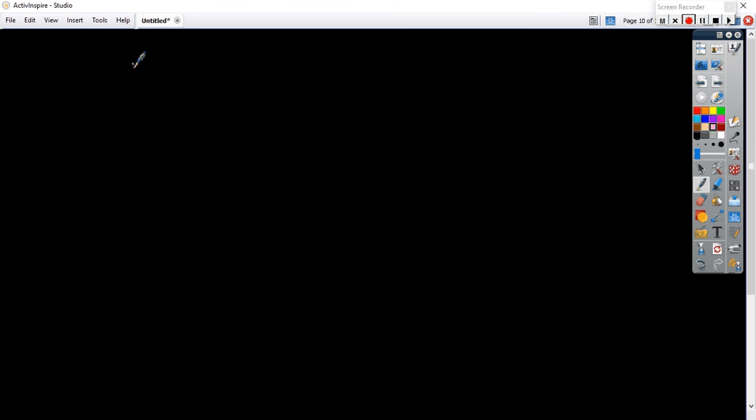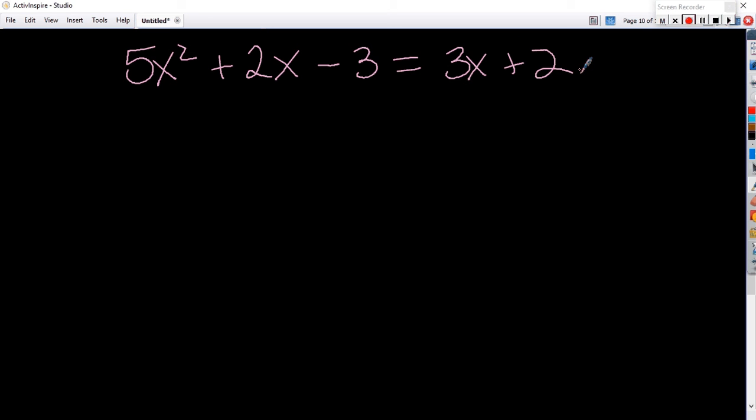Let's do 5x squared plus 2x minus 3 equals 3x plus 2. So now you got to manipulate your equation. What's the work that you have to do?